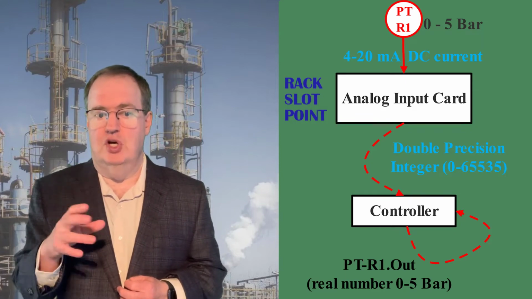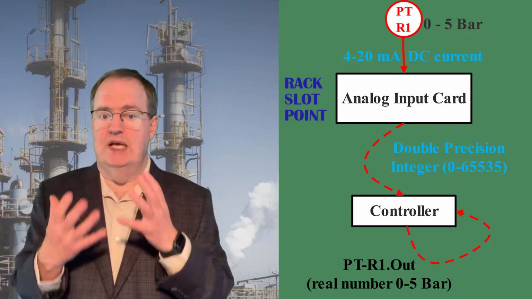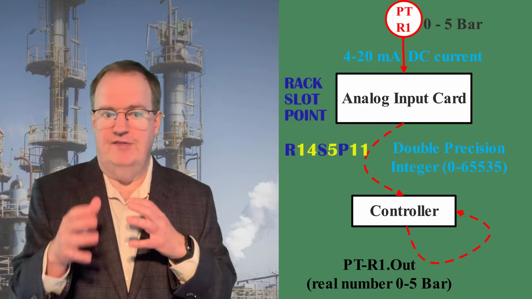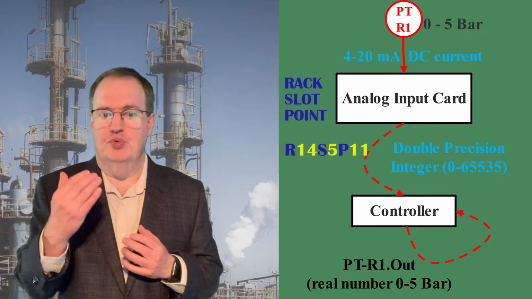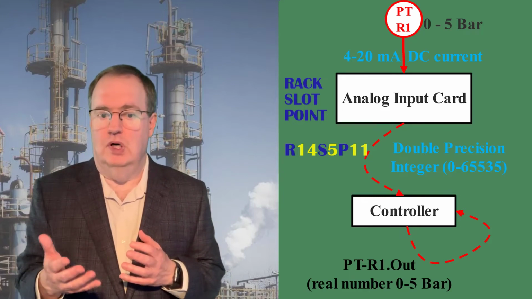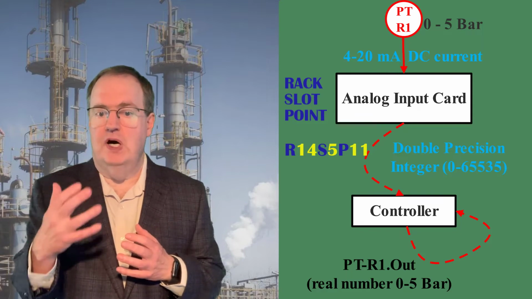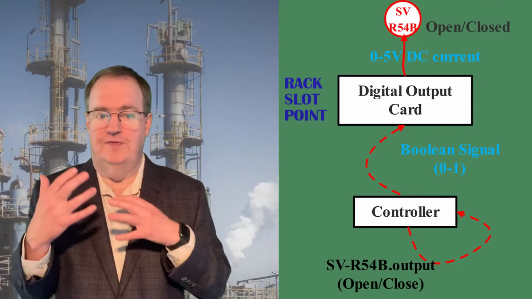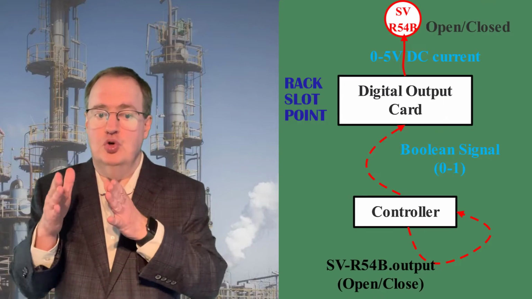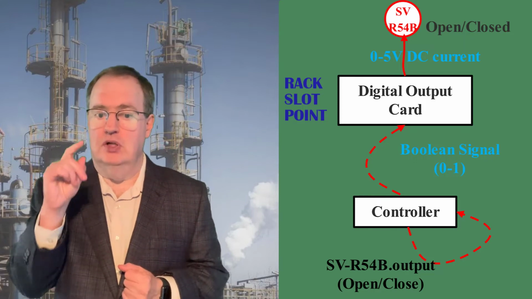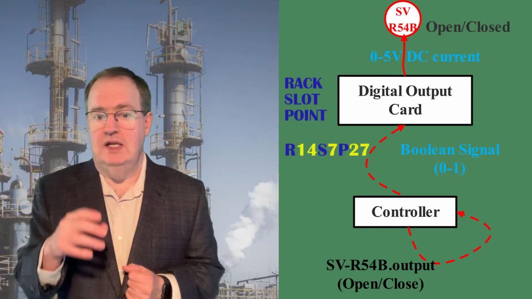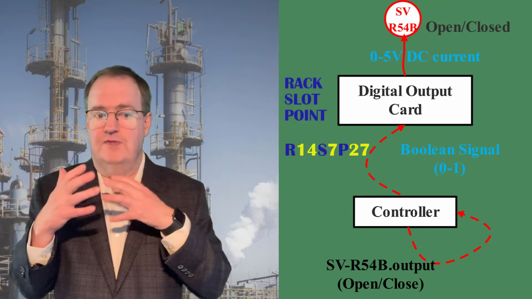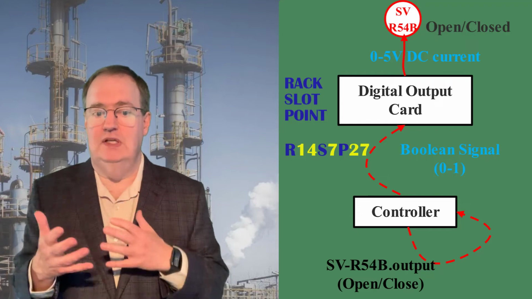Part of the controller's job is to translate a double precision integer from the analog input card at rack 14 slot 5.11 into a pressure reading for PT-R54 with units of 0 to 5 bar absolute, or a command to open SV-R54B into a true or 1 signal to the digital output card at rack 14 slot 7.27, which is wired to that R54B valve in the field.